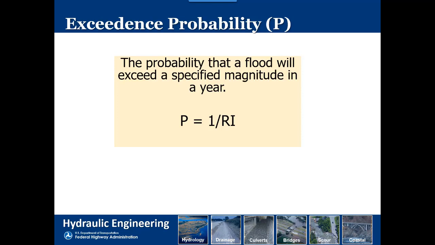So for a 100-year storm, you have a 1% chance of seeing it in any given year. On average, you'll see it once over 100 years. People get that mixed up. They think, in a 100-year storm, when you just saw two in five years, what's going on? Well, it's because you have a 1% chance of seeing it in any given year. Any questions?